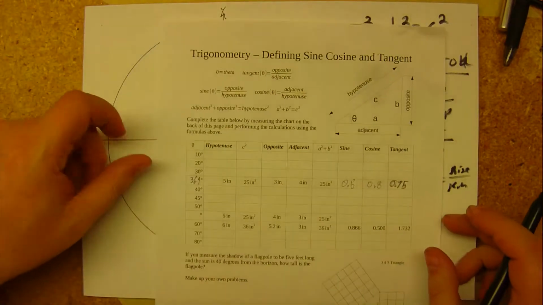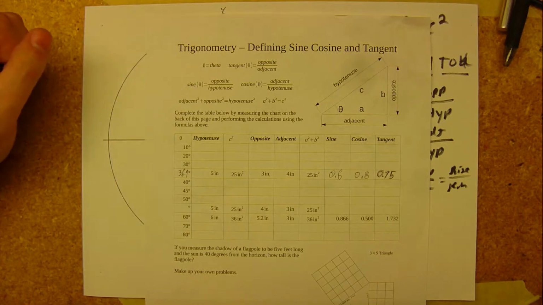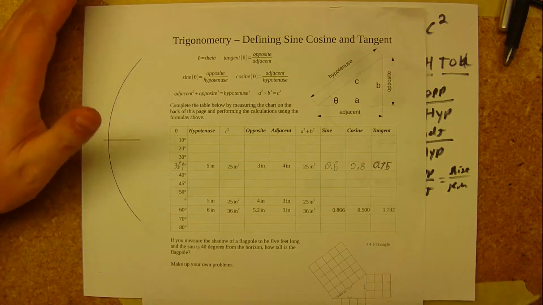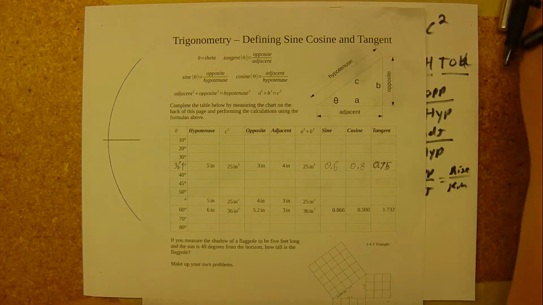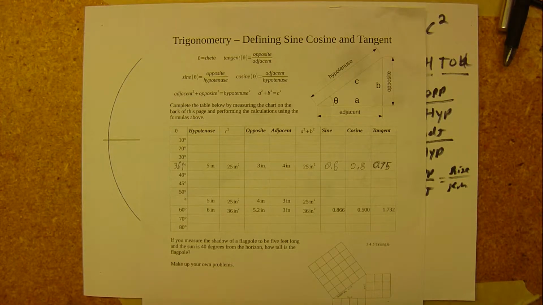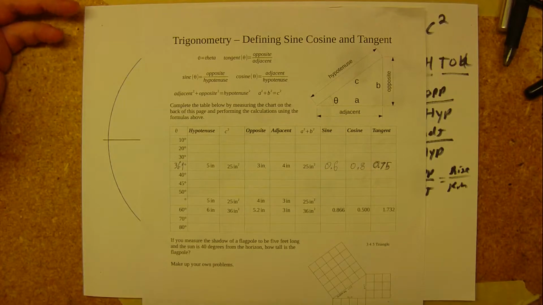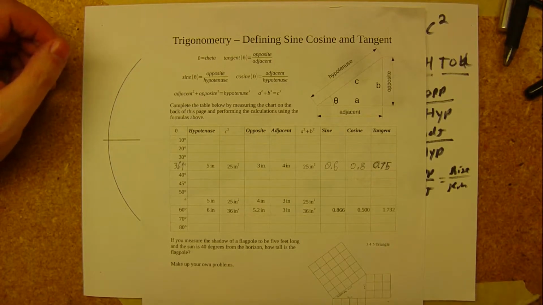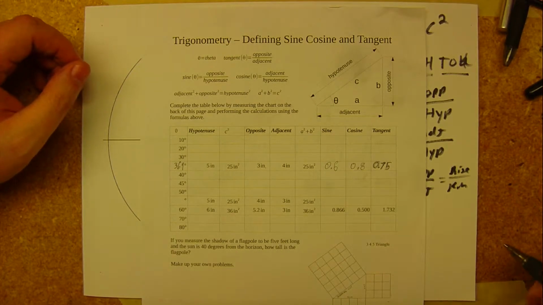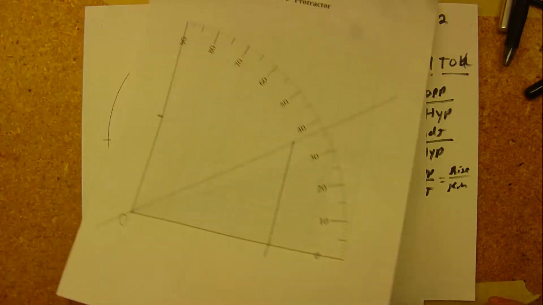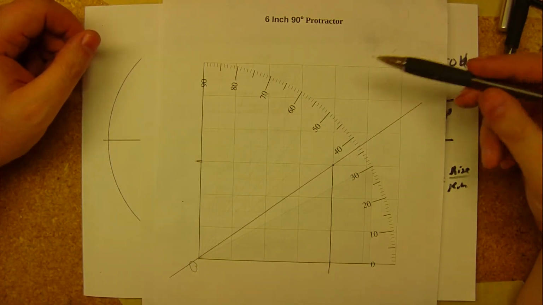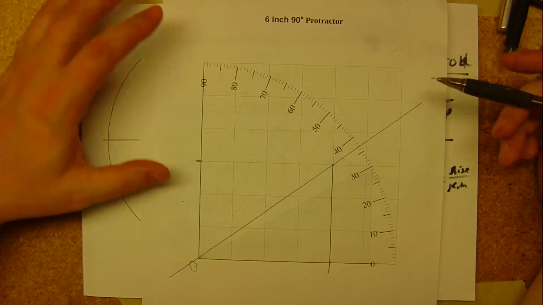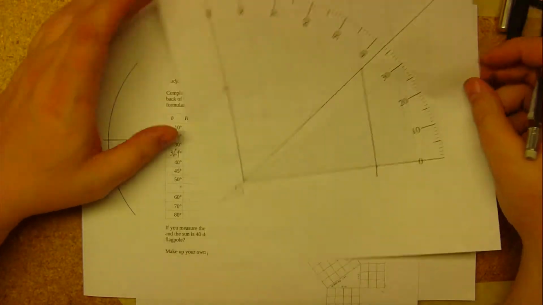Now I have this handout that is on the website. I mean, I handed it out in the class and it's on the website. And then we have this other one, which gives a more detailed view of a quarter of the circle.